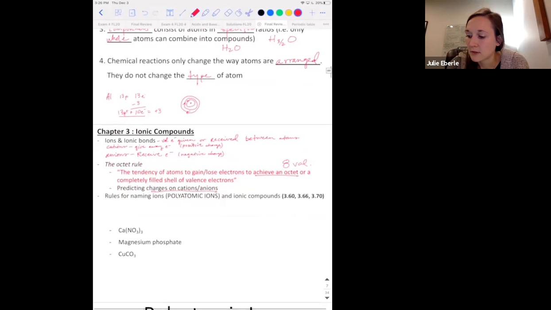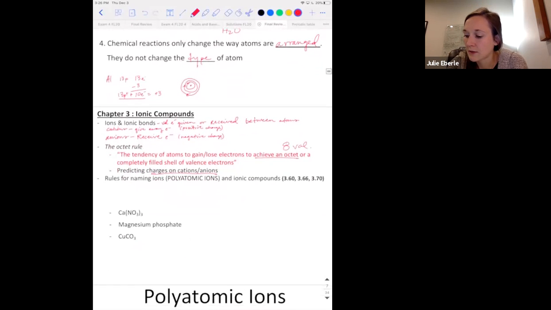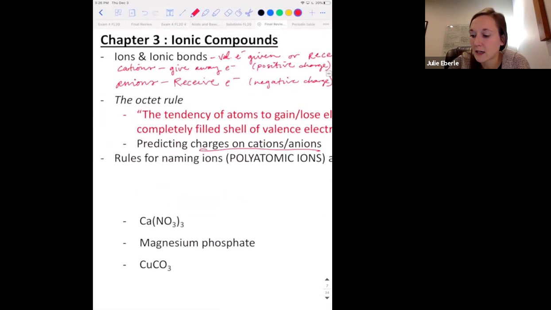All right. That's all I'm going to say about ions for now. But let's talk about how to name them and write ionic compounds. Naming ions: we had rules for naming cations, and they were different depending on if you're a main group cation or a transition metal cation. Let's go back to the periodic table for a second.